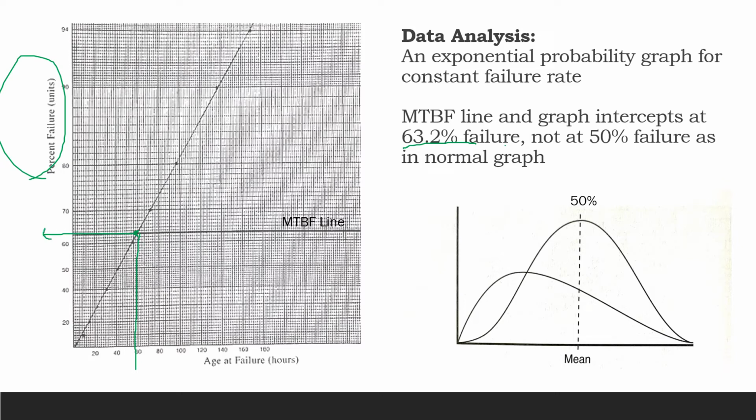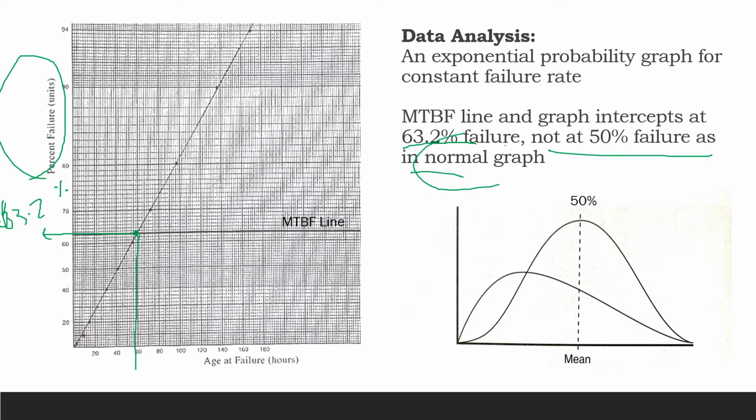You will have about 63.2% failure. So therefore, 1 minus 63.2% failure is going to give you the reliability of that system. So not a 50% failure as in a normal graph. Normally, this is just knowledge.